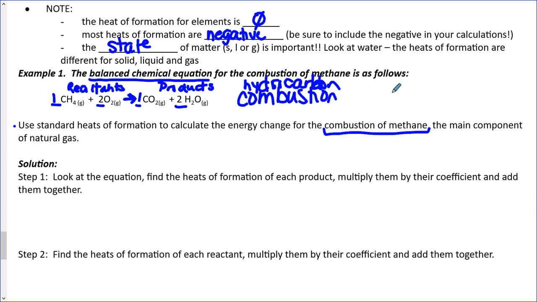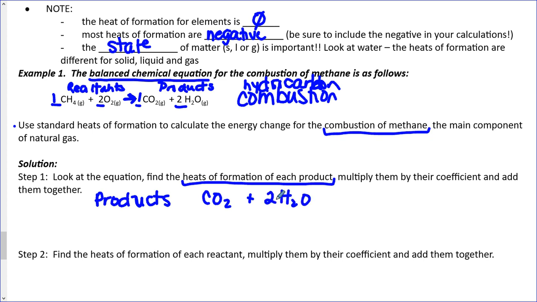It says look at the equation, find the heats of formation of each product, multiply them by their coefficient and add them together. So our products are carbon dioxide and water.